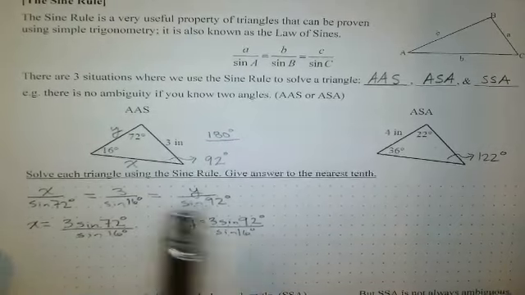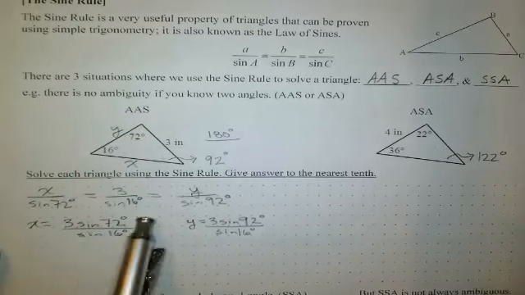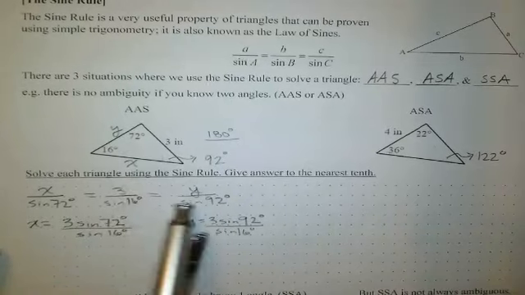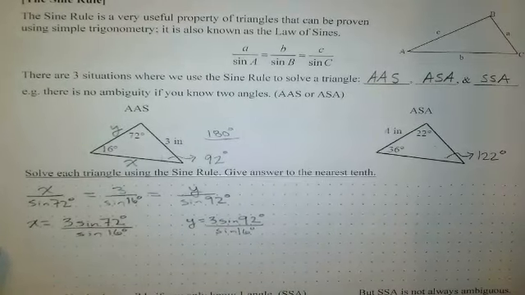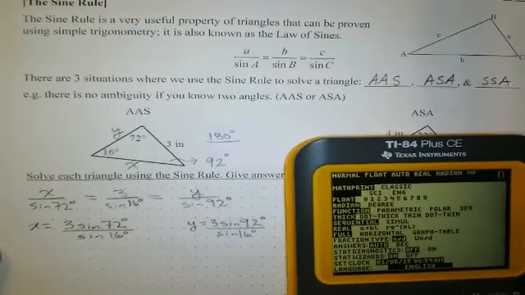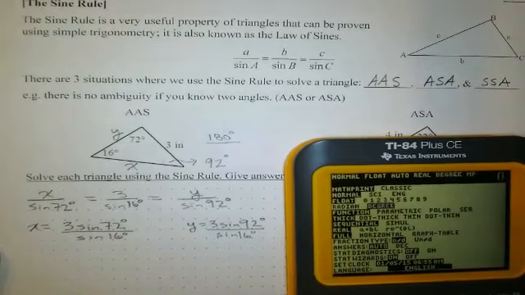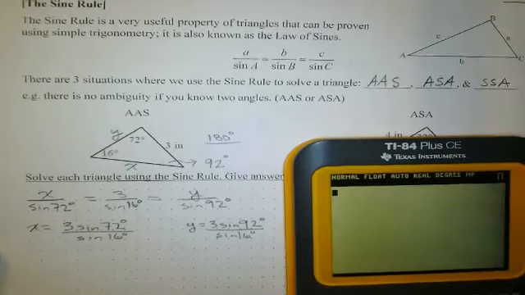And so solving, multiply this side by sine of 72, 3 sine 72 over sine of 16. Over here with this equation, multiply by sine of 92, 3 sine 92 over sine 16. And I can go ahead and evaluate that. Now, before I evaluate, I'm going to want to make sure that my calculator is in degree mode because most of our work is going to be done in degree mode.